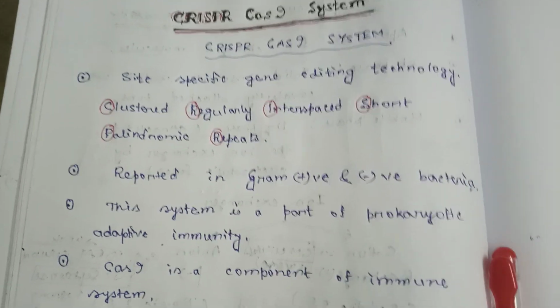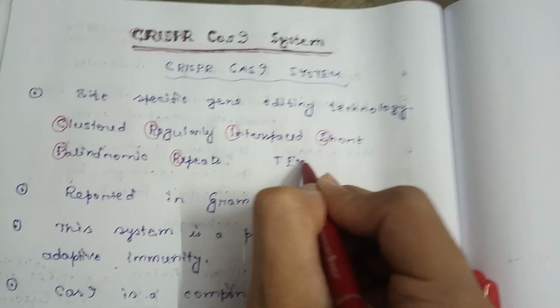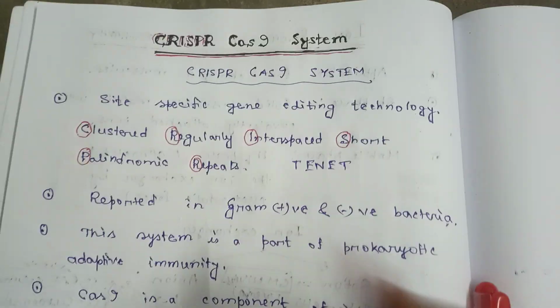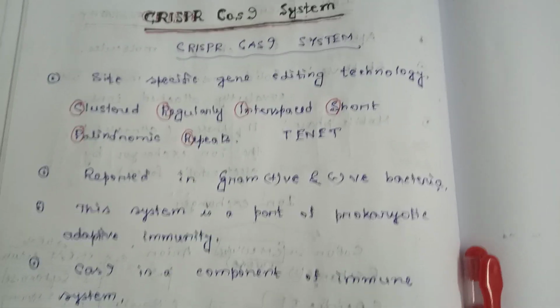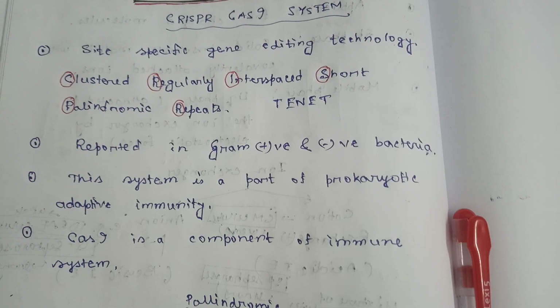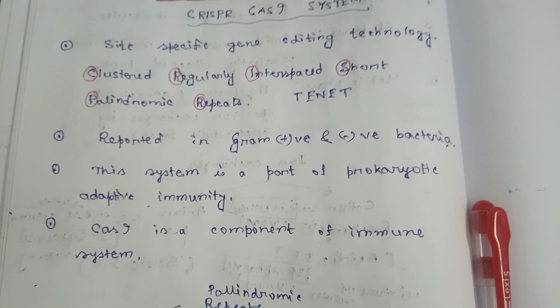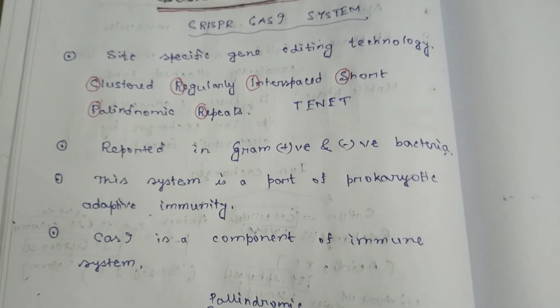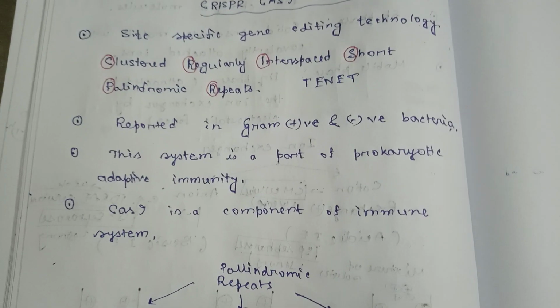Like a word, if you read from left to right or right to left, it will be the same. So this is called a palindrome. In case of DNA, from both strands, in the 5 prime to 3 prime direction, you can read the same. First, it was reported in both gram positive and gram negative bacteria.